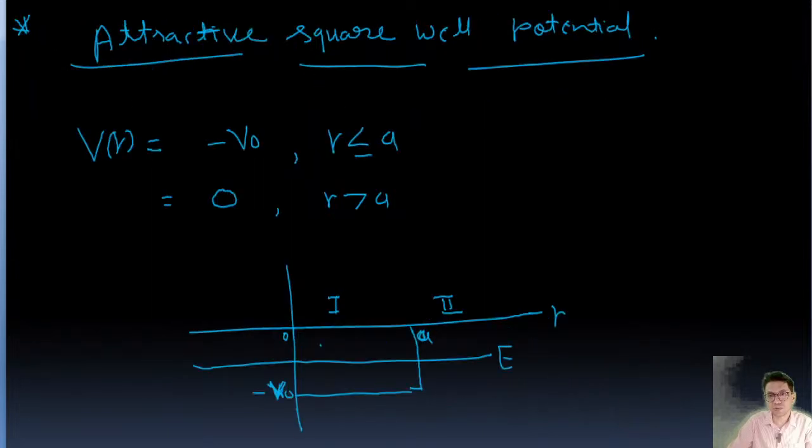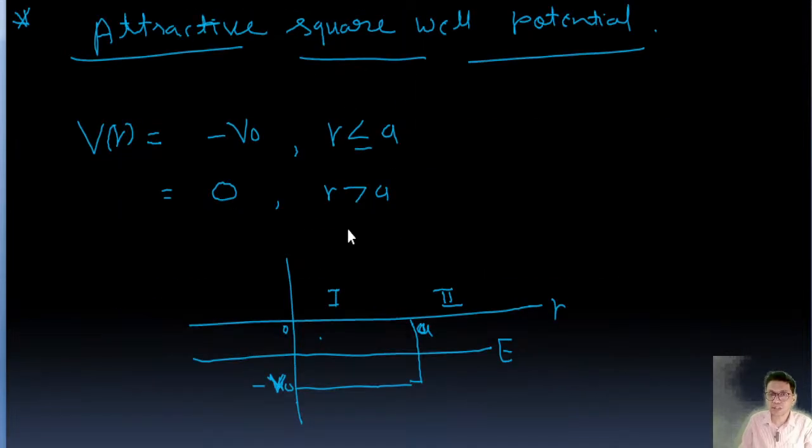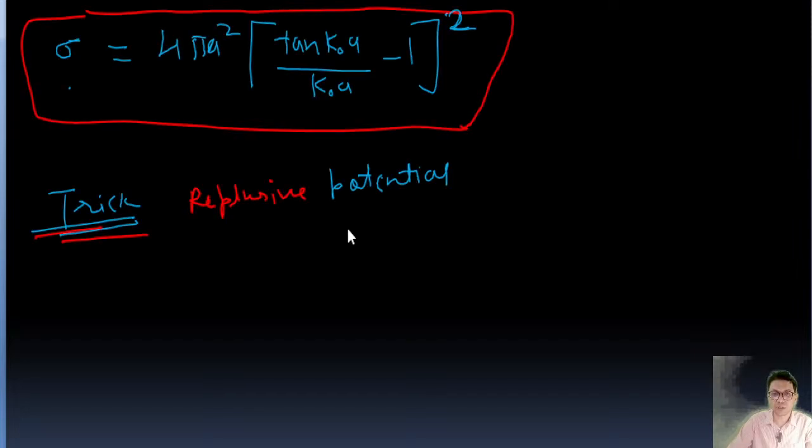Instead of attractive potential, if it is repulsive potential, then we will not do this lengthy derivation. We'll use a trick, and we can easily get that.